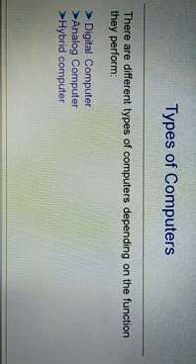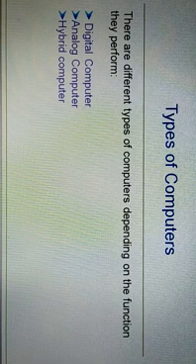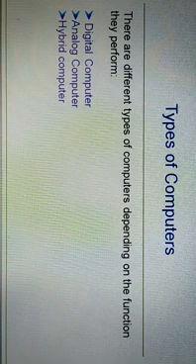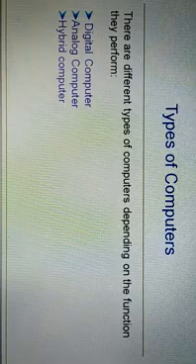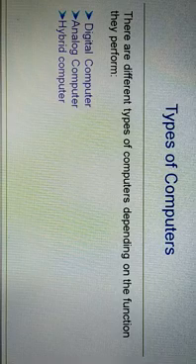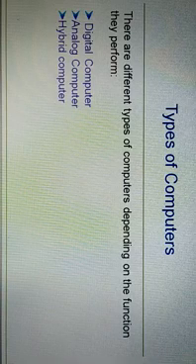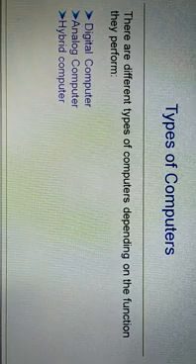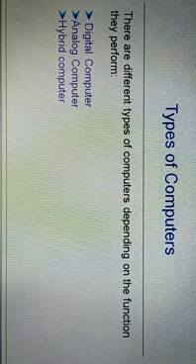These computers are used mainly for scientific and engineering purposes because they deal with quantities that vary constantly. For example, a thermometer does not perform any calculation but measures the temperature of the body by comparing the relative expansion.